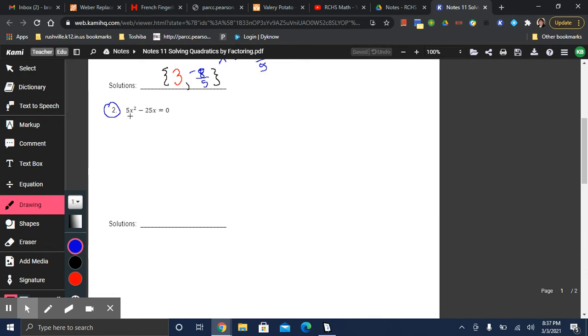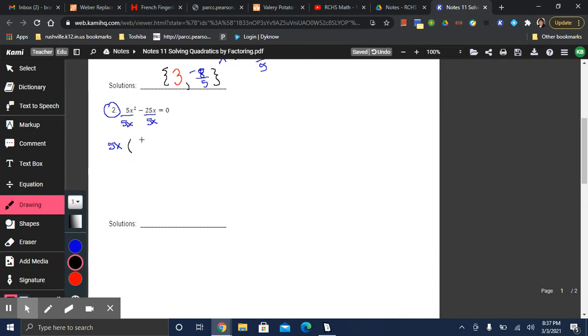So I would first of all like to look for a greatest common factor. And that means that I should be able to divide both of these. And I can divide them both by 5x. So I'll put the 5x, and then remember that then I start a parentheses.